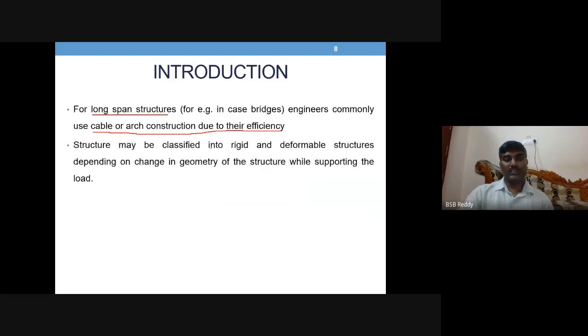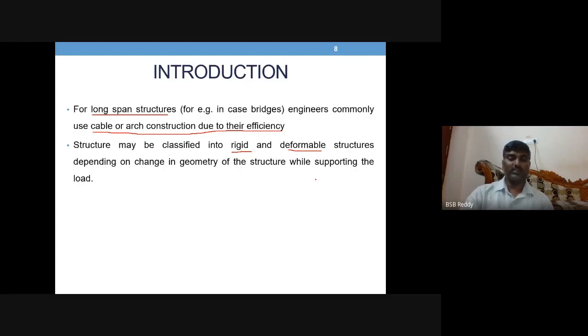Structures may be classified into rigid and deformable structures depending on the change in geometry of the structure while supporting the load. It's a very common concern. If you apply the load and the geometry is unchanged, we say it is a rigid structure. If you apply the load and the geometry changes, we say it is a deformable structure.